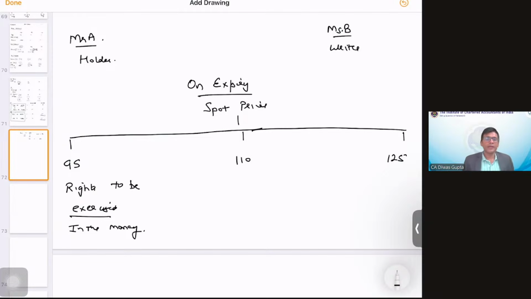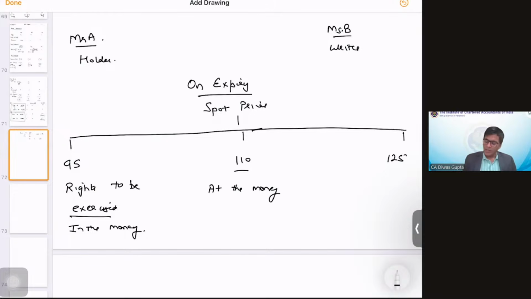Now, if the strike price is 110 and the actual price is also 110, it becomes at the money. Correct? Because it is indifferent whether we sell in the open market or through this option, it's still at the money, right? There is no gain or loss.